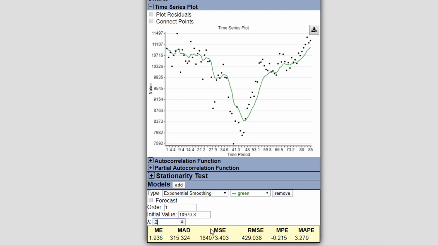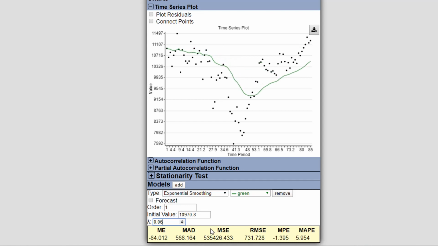The lambda is a parameter that says how much the smoothing should be based on the new value of the time series versus what the previous smoothed value was. If you set lambda all the way down to 0, it's going to take the previous smoothed value every single time.